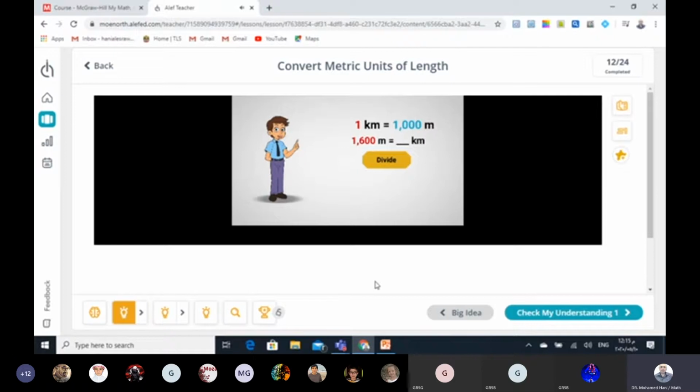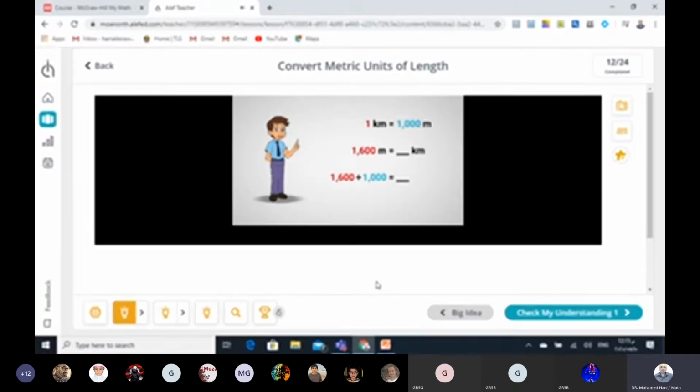Remember, 1 kilometer is equal to 1,000 meters. So, by what number should we divide 1,600 meters? We'll divide 1,600 by 1,000. Move the decimal point 3 places to the left. The answer is 1 6/10 kilometers.